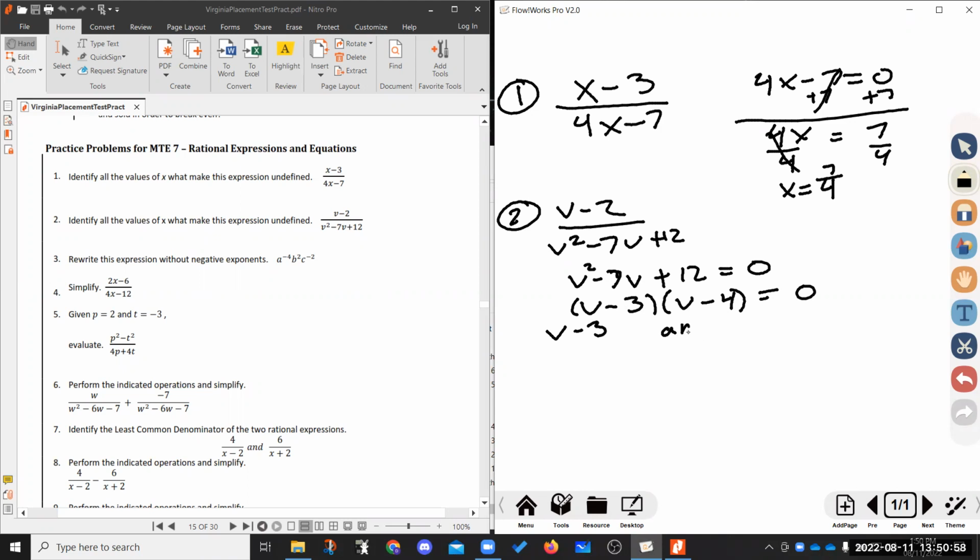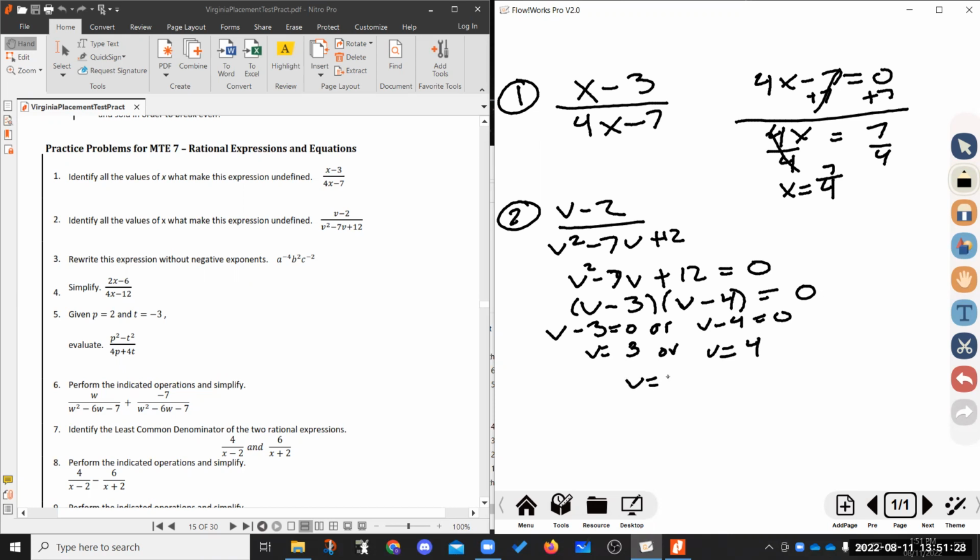No, it's actually an or statement because I didn't make it not equal to. If I had said v cannot be equal to 3 and v cannot be equal to 4, that would be the domain here. But we'll just say v minus 3 equals 0 or v minus 4 equals 0, v equals 3 or v equals 4.